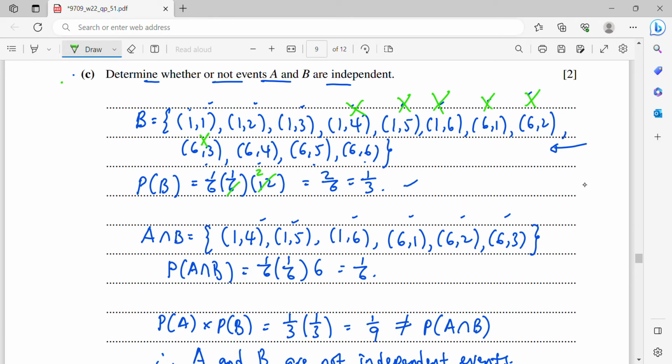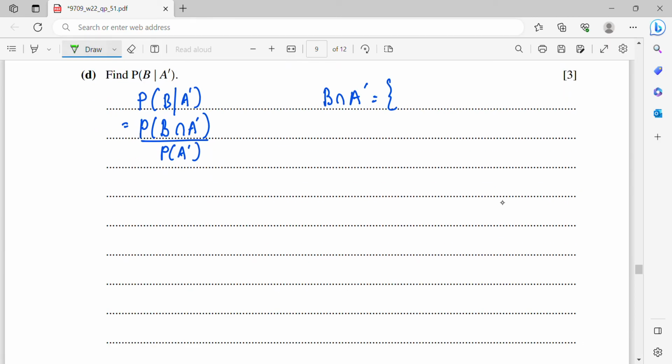That means I will take the rest. So 1 1, 1 2, 1 3, 6 4, 6 5, 6 6 will be my outcomes.